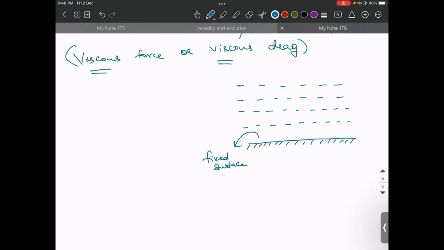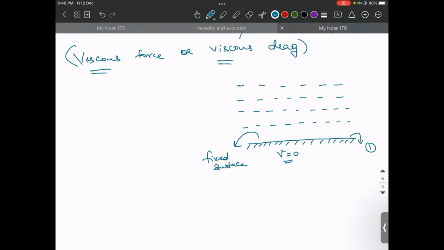Actually, it is not like the surface is fixed only at one end. Imagine a pipe through which liquid is flowing, where I've taken only one end of the pipe and I'm trying to analyze the motion. Then what will happen is the first layer of liquid which is in contact has velocity approximately equal to 0.